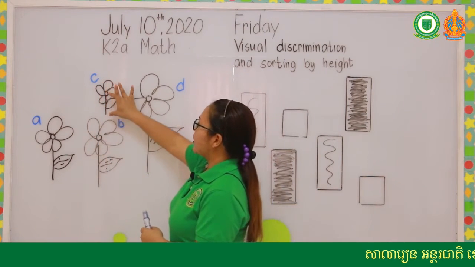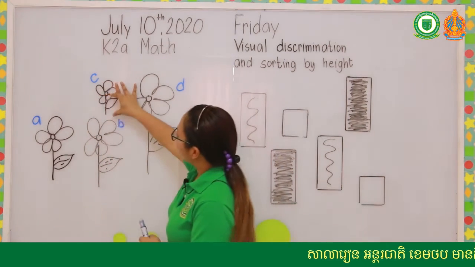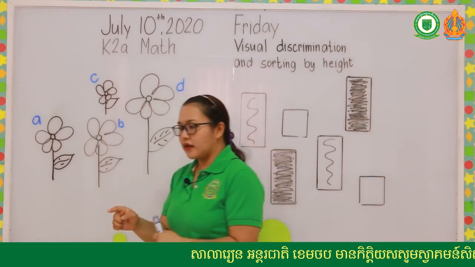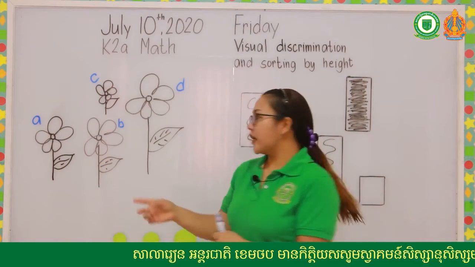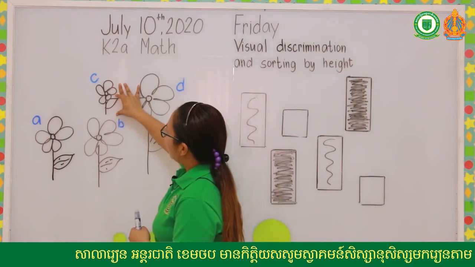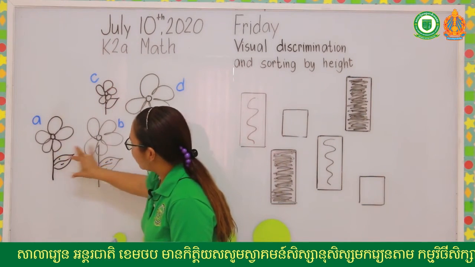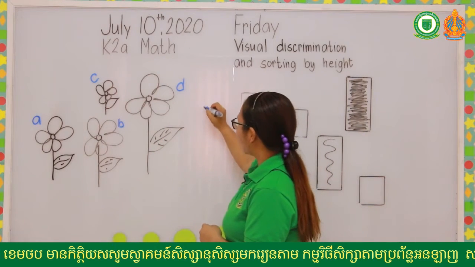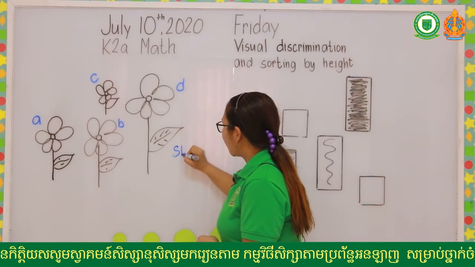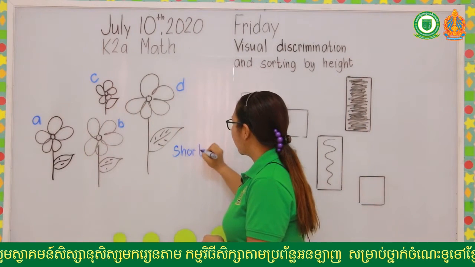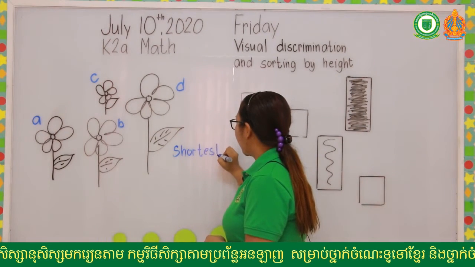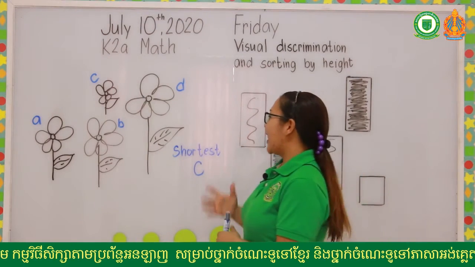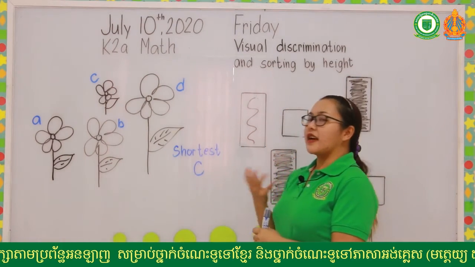This is the shortest. I have a big ruler here, but we cannot use it. So see? It's the shortest. Letter C is the shortest.